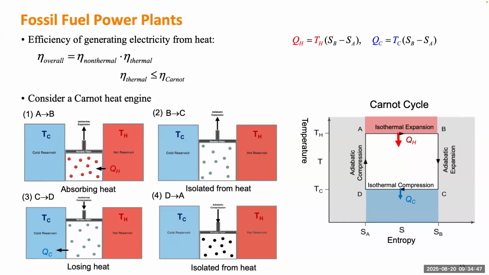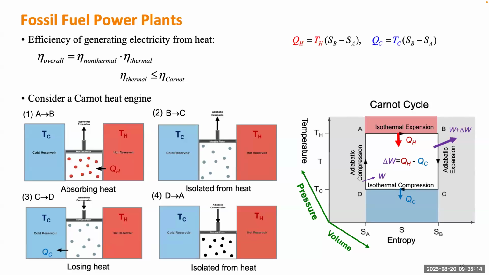The second is the low temperature multiplied by the change of entropy. The difference will be the work. If we tell in which direction the volume is changing, this is expansion, this is the direction of increasing volume, and this is the direction of changing pressure.